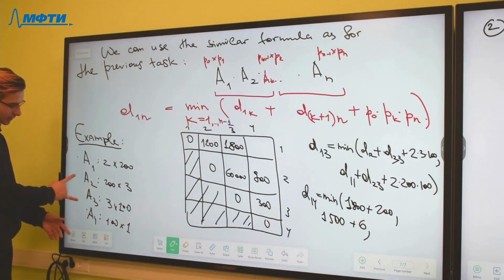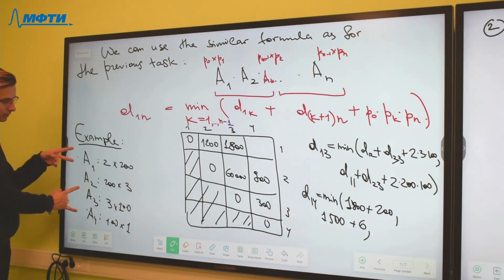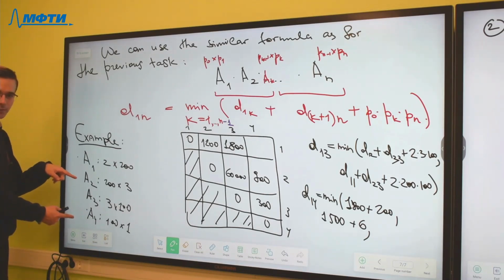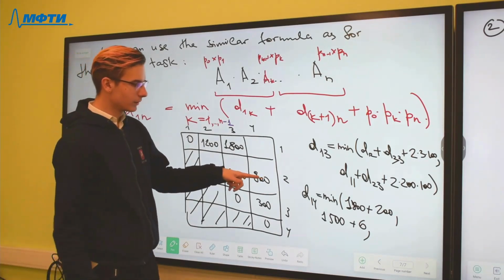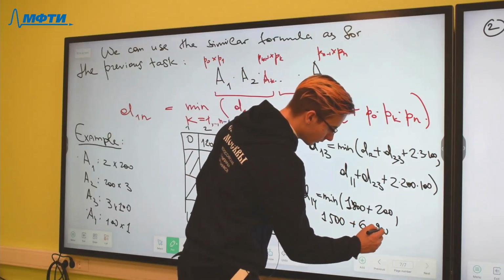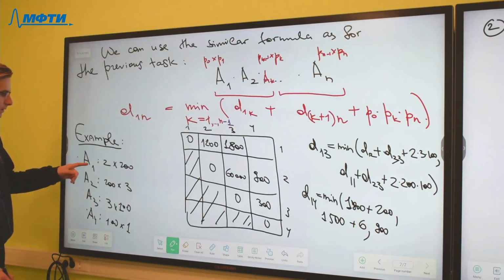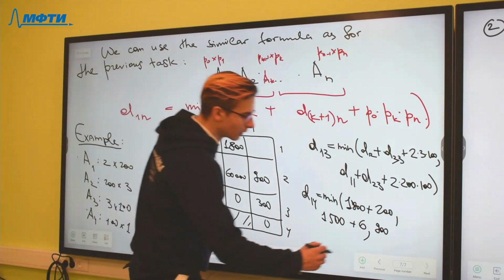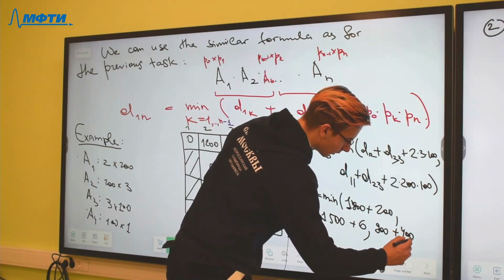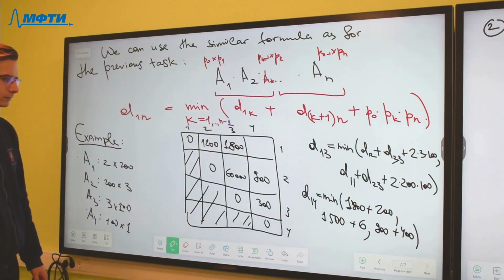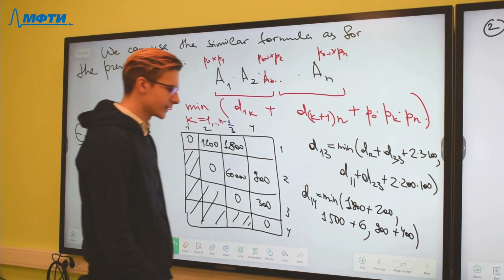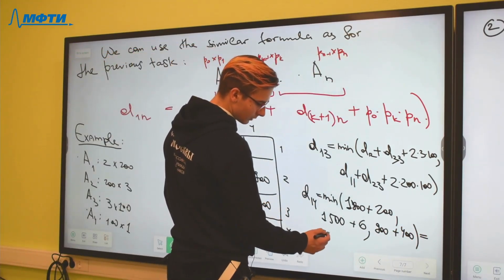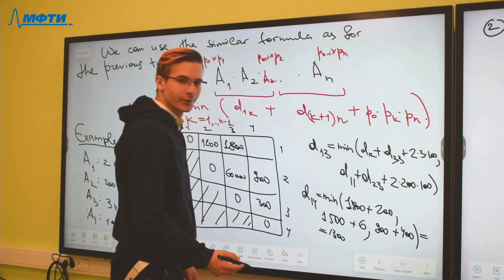And then if we divide it into this part and this matrix, we spend for this d with indices 2 and 4, plus the multiplication 201. And we see that the minimum is 1,300.